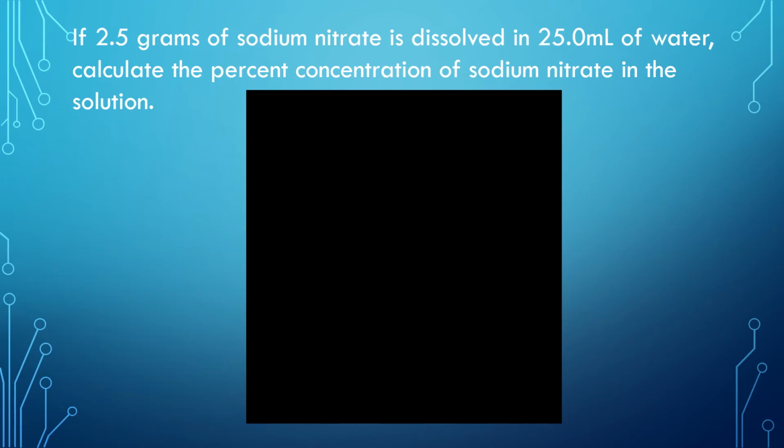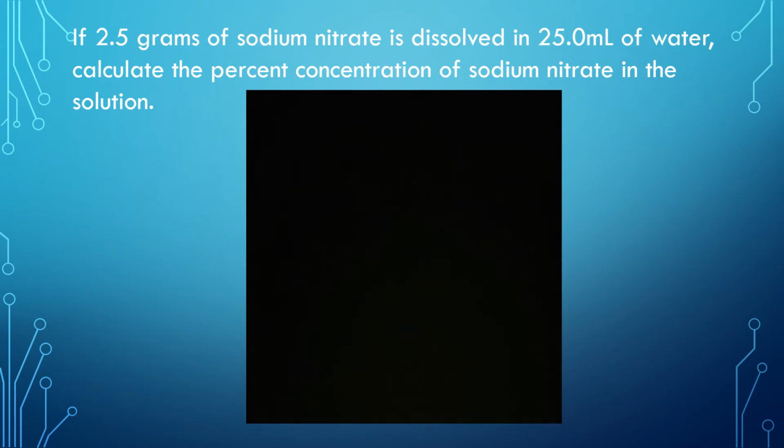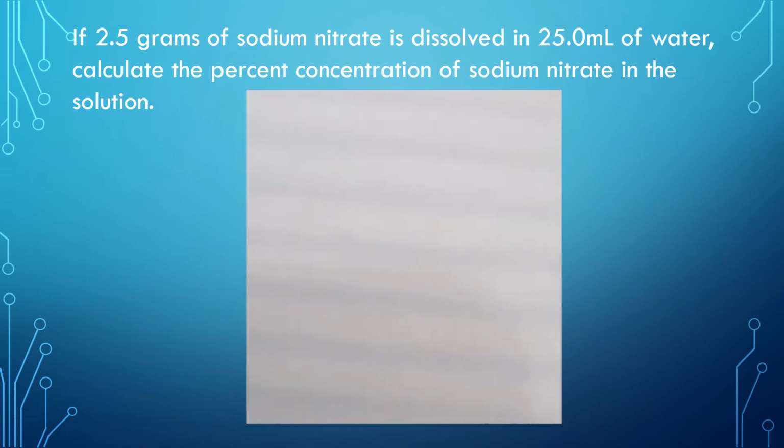Next is, if 2.5 grams of sodium nitrate is dissolved in 25 ml of water, calculate the percent concentration of sodium nitrate in the solution. So, for this one, we need to get the percentage concentration.